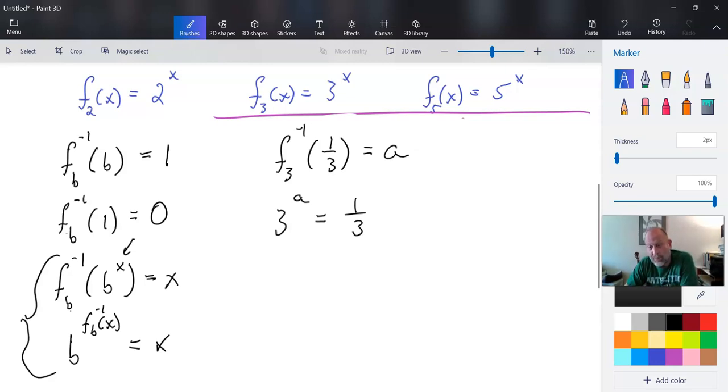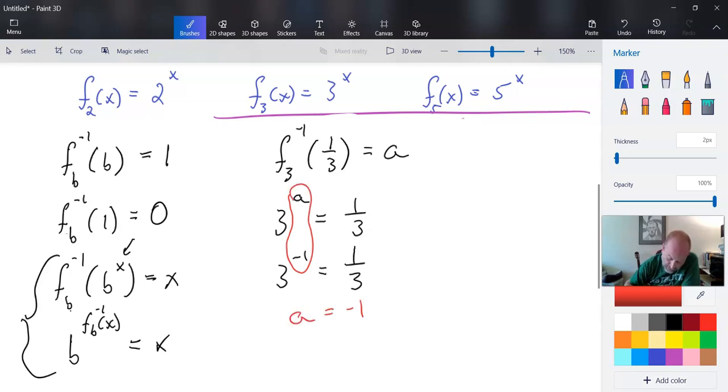And we have to remember our properties of exponents, but if I want the 3 to be in the denominator, that would mean that a would have to be -1. So 3 to the -1 is equal to 1/3, which means that these two have to match. So a is equal to -1. So f inverse base 3 of 1/3 is equal to -1.